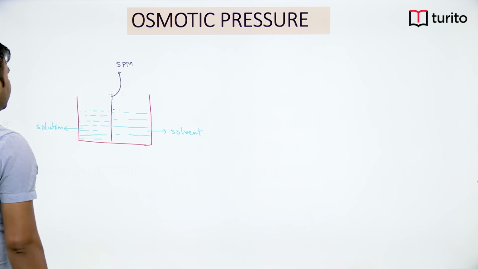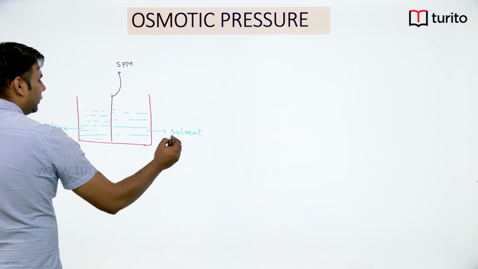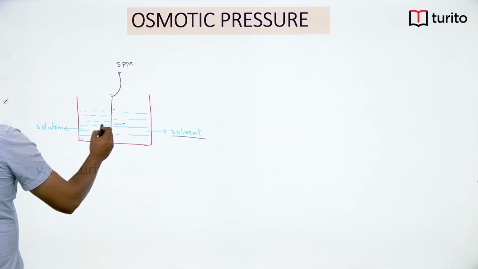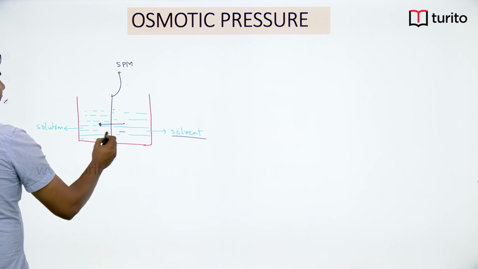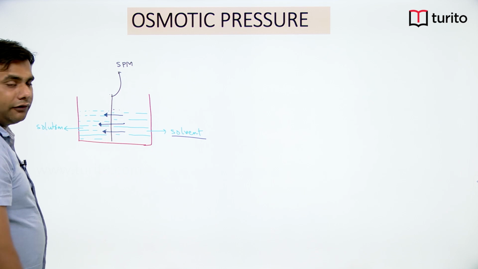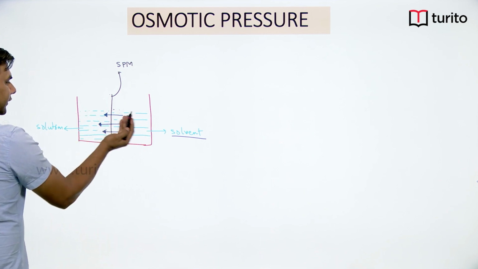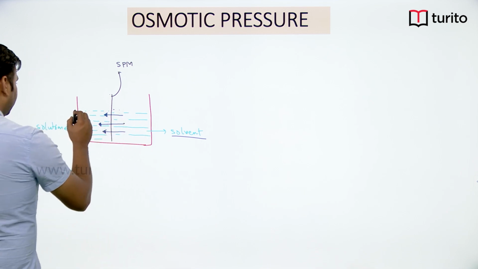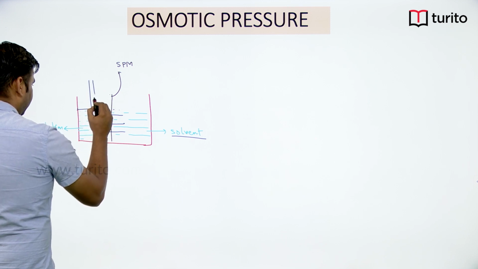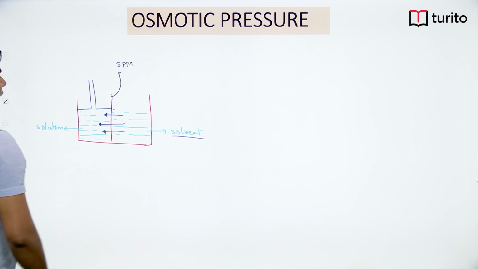Okay, so what will happen? We know that the concentration of solvent is more over here, so the solvent would start passing through the semi-permeable membrane from right to left. So what would happen? The solvent is coming to this side. So suppose we draw something like this.